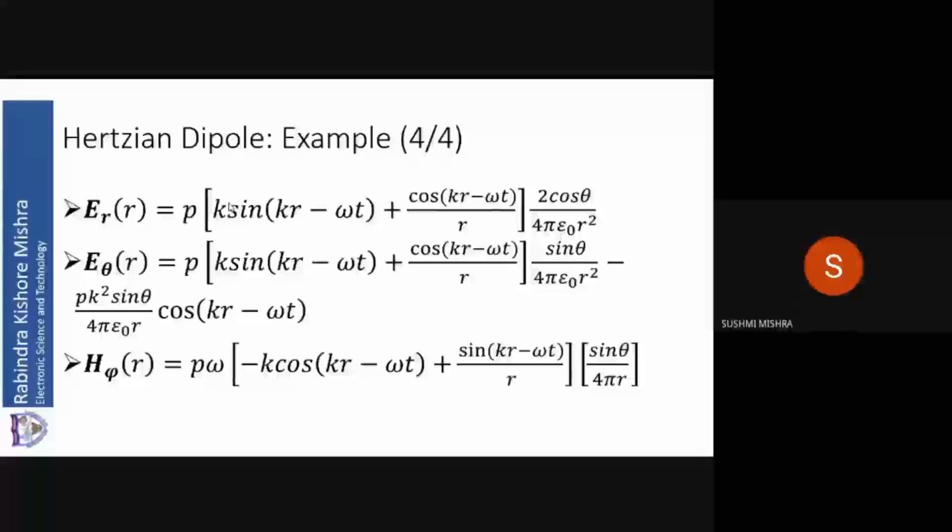Therefore, minus omega comes outside. So that becomes P omega. And the second term remains as it is. Cos theta becomes sin theta, 4 pi r. So 2 cancels. So 4 pi r. Epsilon 0 r square is not there when you are considering phi. Then we can see eta 0 h phi is equal to E theta. Let me give that as a homework to you.